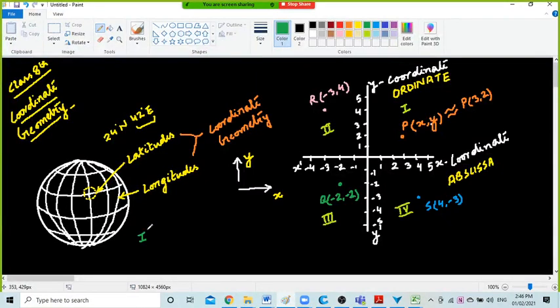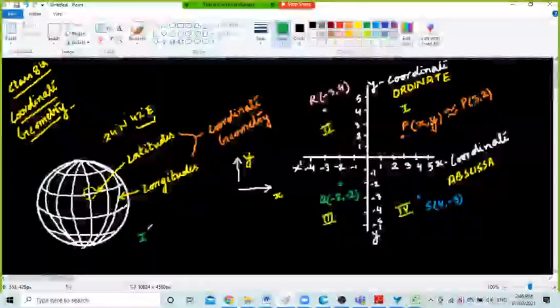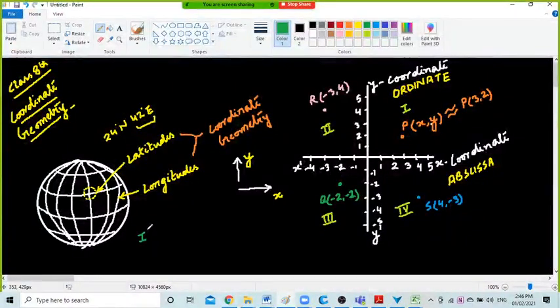Right? Now let's see what is the nature of x and y over the respective quadrants. In the first quadrant, x is positive and y is also positive. In the second quadrant, x is negative but y is positive. In the third quadrant, x is negative, y is negative. And in the fourth quadrant, x is positive but y is negative.